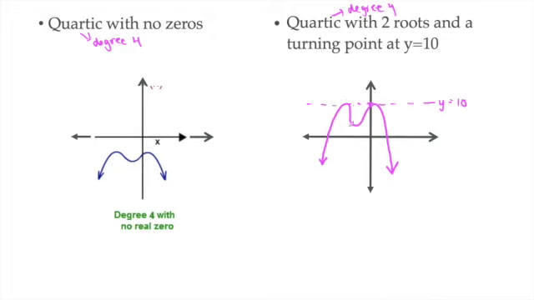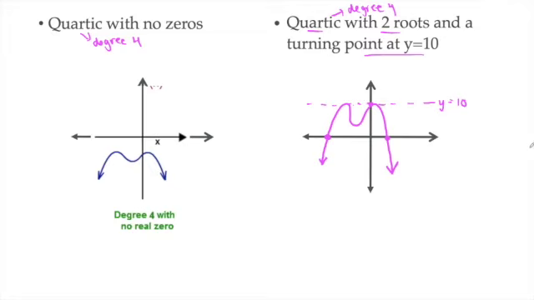You can have 3 turning points there, but you couldn't have 4, or it would be higher than a quartic. There's your one zero here and your other zero there. Again, you could have drawn a couple different ones, but this one wouldn't have as many options because it has degree 4, 2 roots, and a turning point at y equals 10 that you have to satisfy.